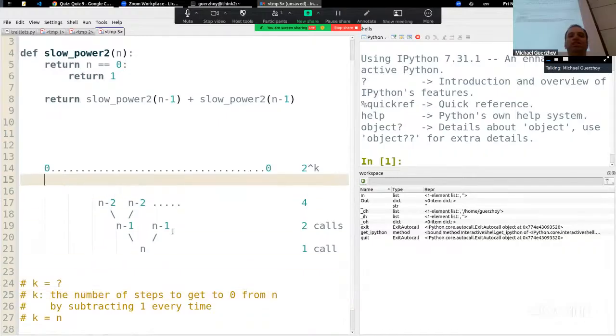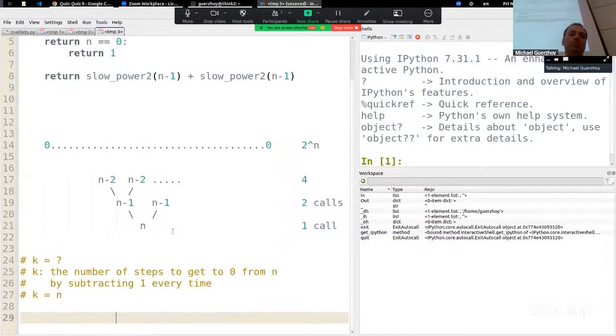So really, this is 2 to the n. So how many calls in total?